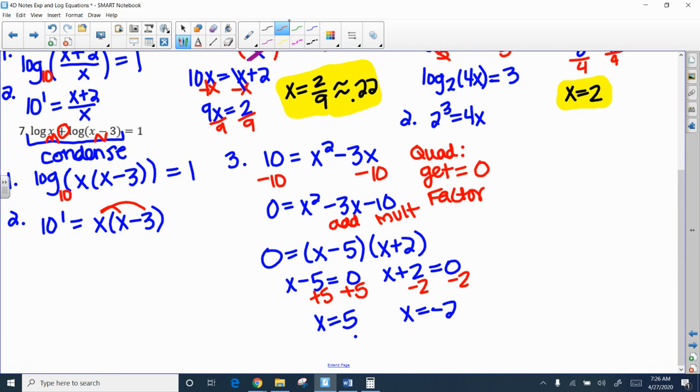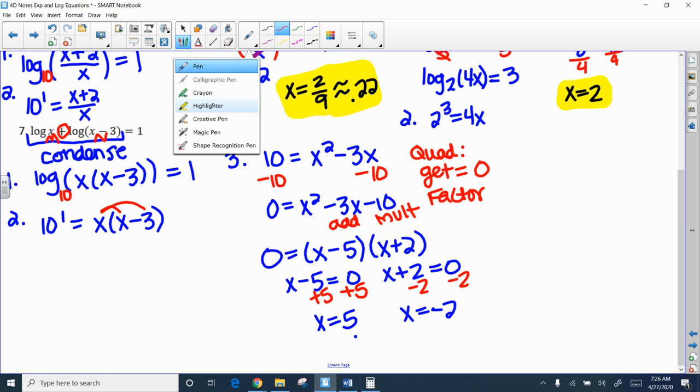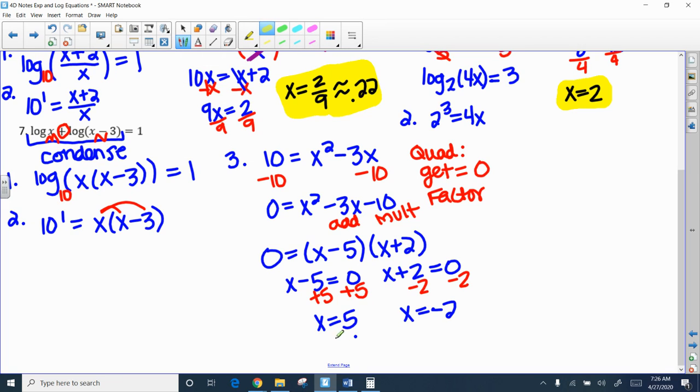And then in this one, especially because there are 2 answers, remember that in step 4, we have to check for extraneous solutions. That means one of these probably is not going to work.